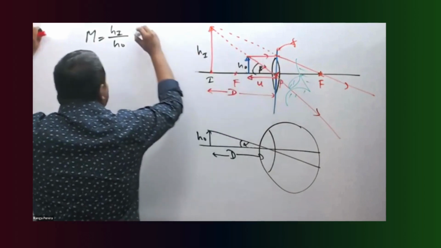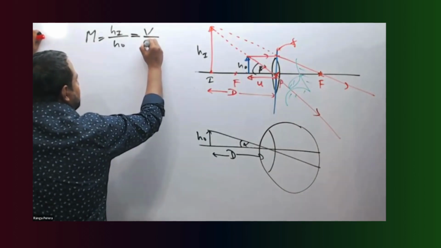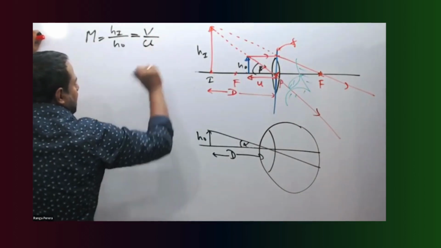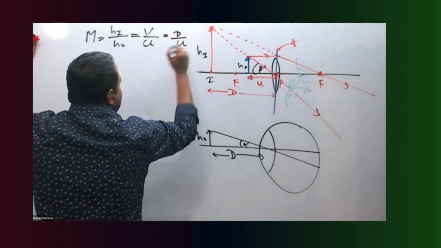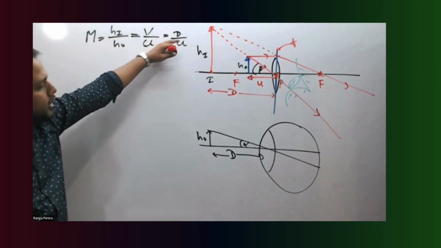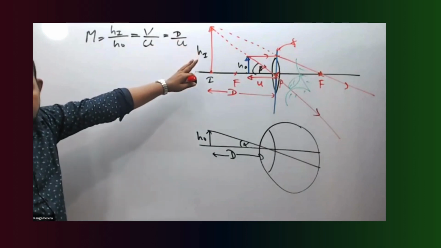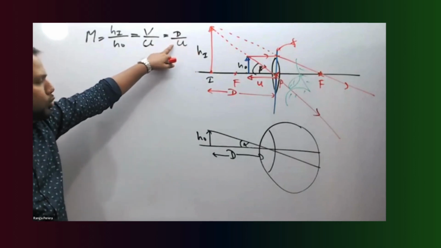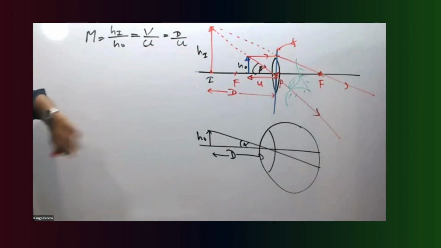If you remember, it is the same as the image distance divided by the object distance. Image distance here is D. Object distance is U. So it is our duty to develop a relationship for D over U. D is clear, no problem, because D is 25 centimeters. But this U depends on the situation.